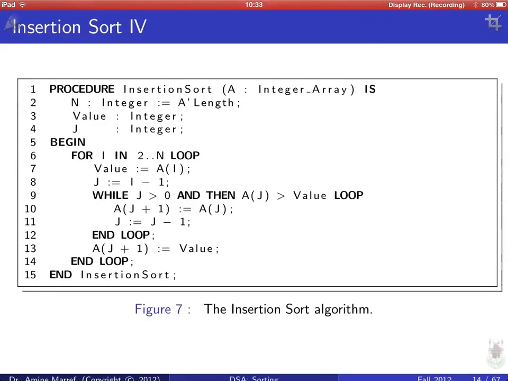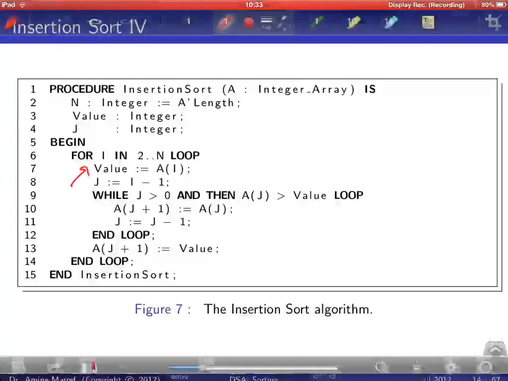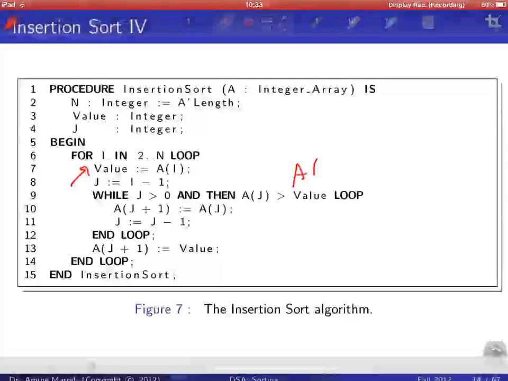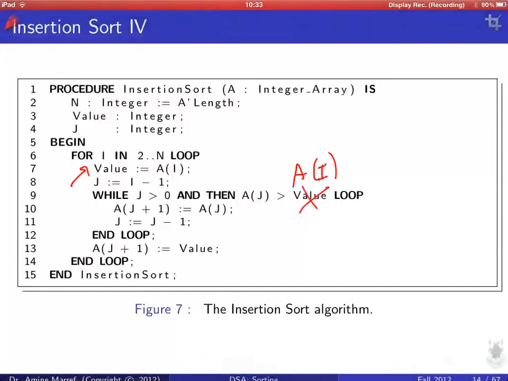Let's use a smaller sequence like 5, 4, 3, 2, 1. Insertion sort tells me that I start from 4, look to the elements to the left, it's 5, so I shift 5 and put 4 here.